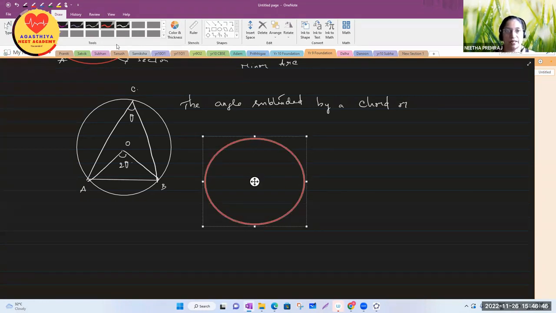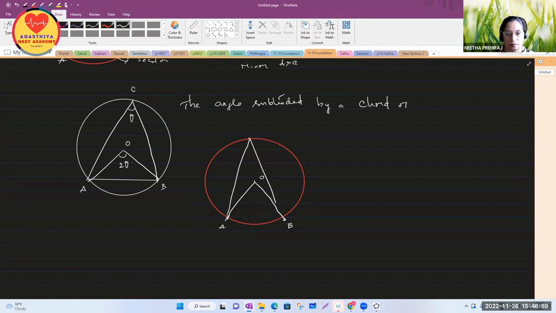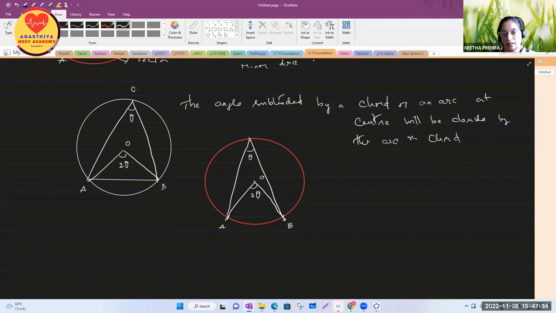For example, you just take the arc. Okay, I'll show you in GeoGebra. You will have a better understanding.